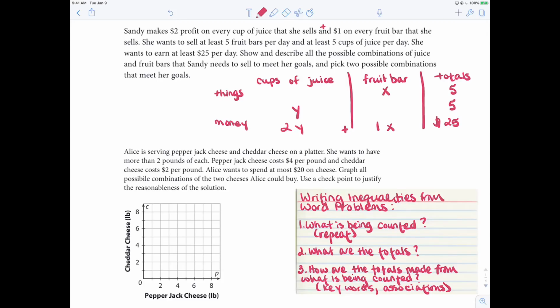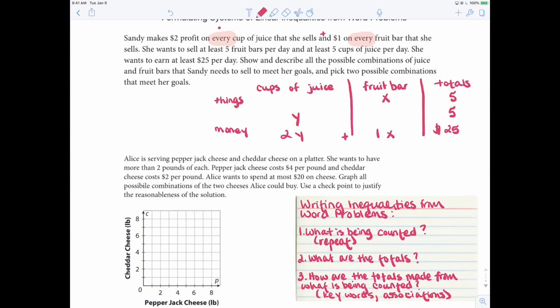So I look for associations, right? This every, I know that means multiplying. I don't know how many cups of juice. When I don't know how many of something, I know that's a variable. I've given that y on my table.